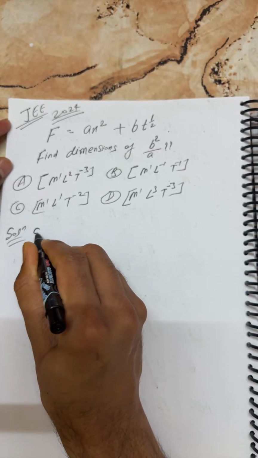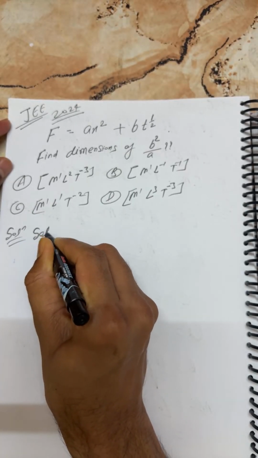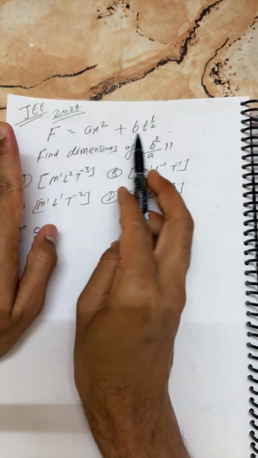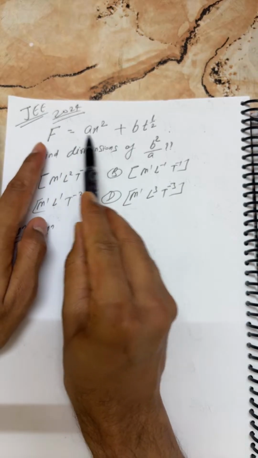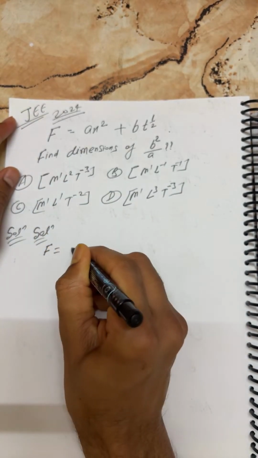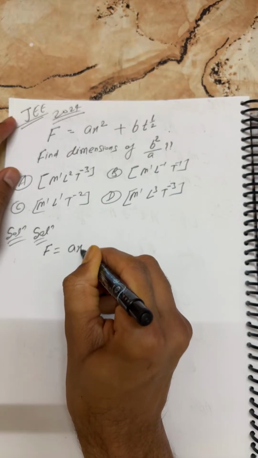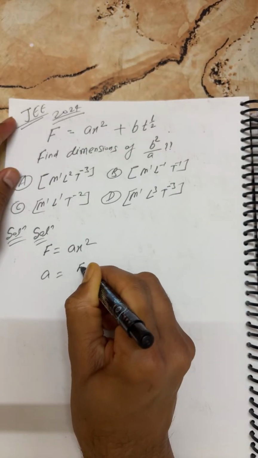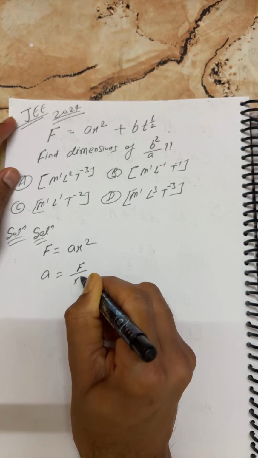What is the solution? Simple. You can equate in summation here. All units are the same only. So F is equal to x square a, so a is equal to F upon x square.